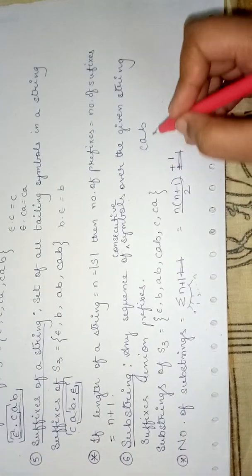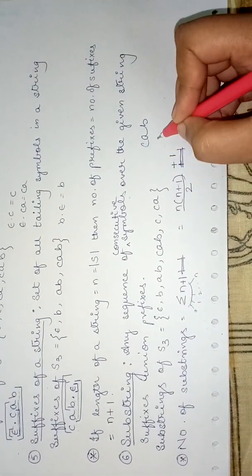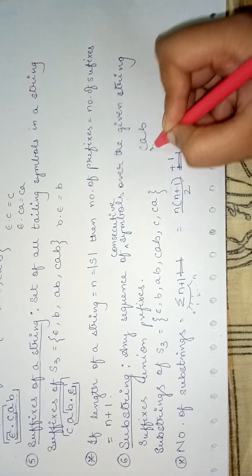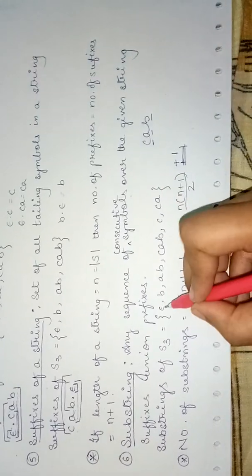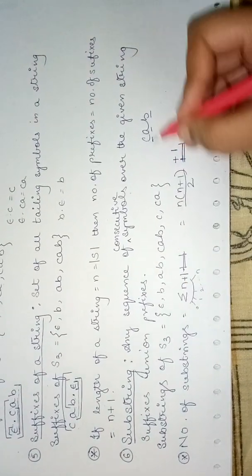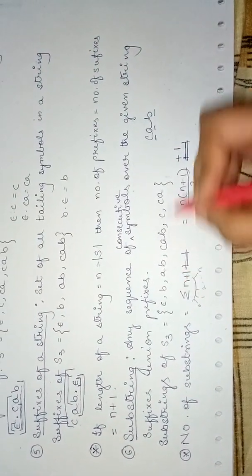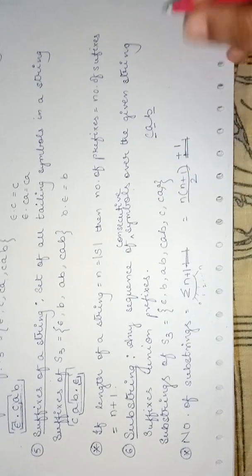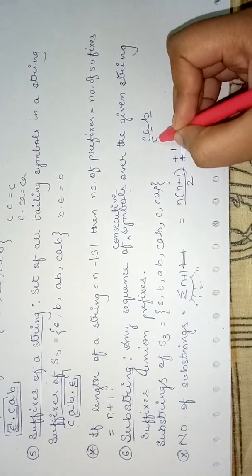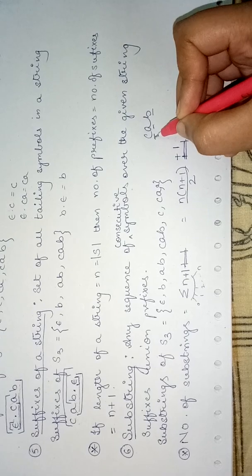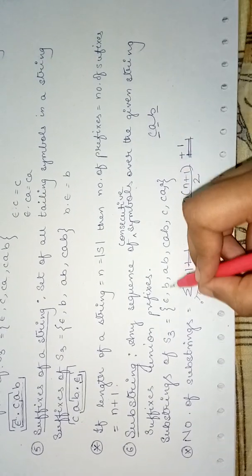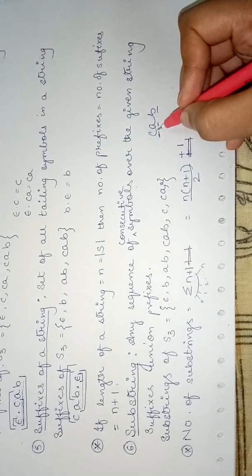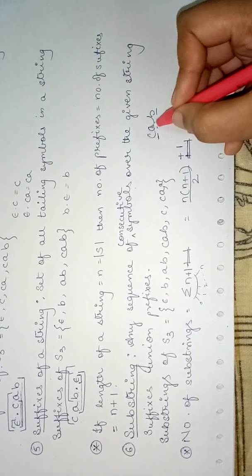CAB, any possible consecutive symbols. C, A, B, single length. First we will write the zero length string, epsilon. Then strings of length 1, that is C, A, B. Then strings of length 2, CA and AB.